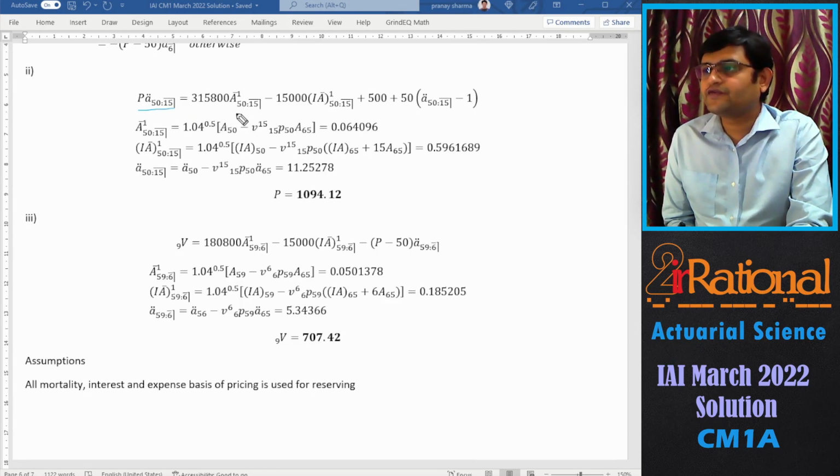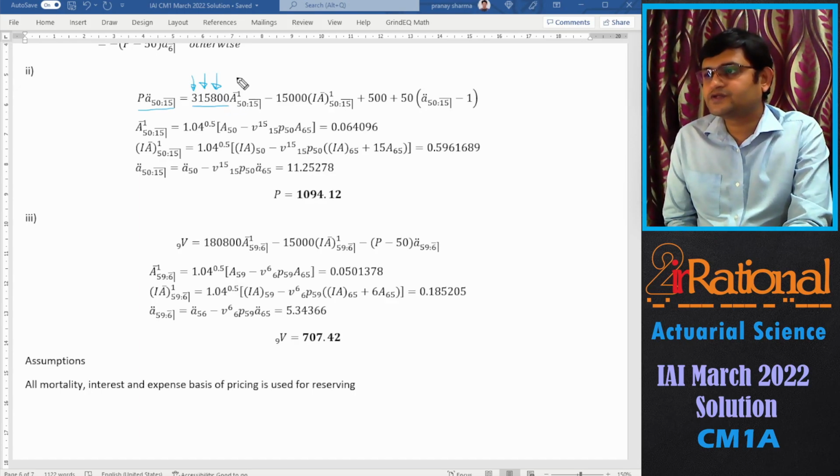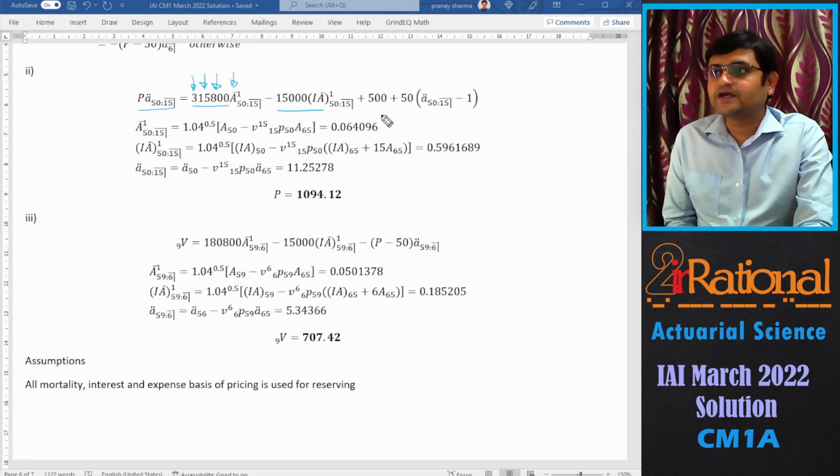So 15,000 A-bar 50:15, 315,800. So the death benefit and the decreasing as well as the claim expense payable immediately on death minus 15,000 increasing again payable immediately on death.